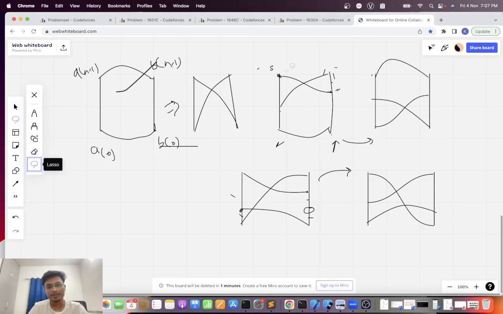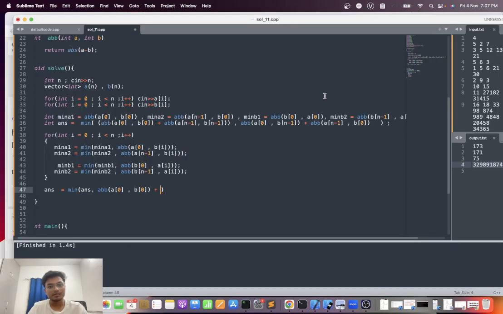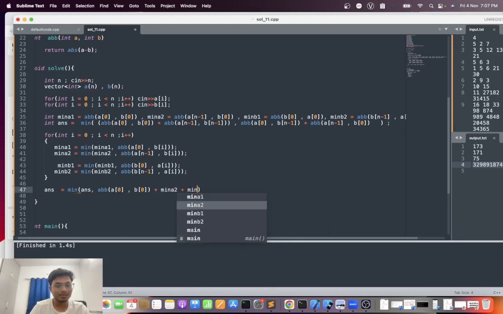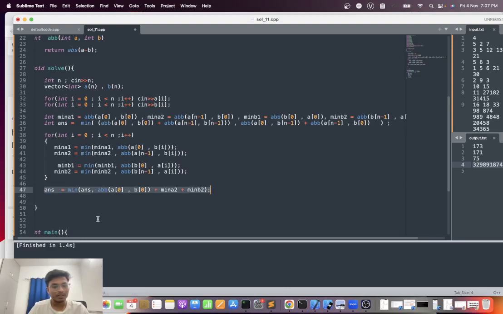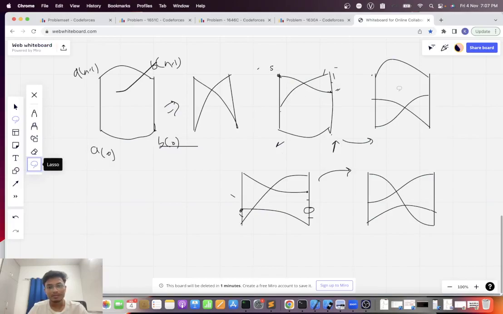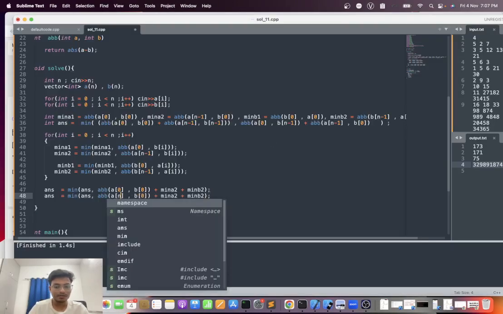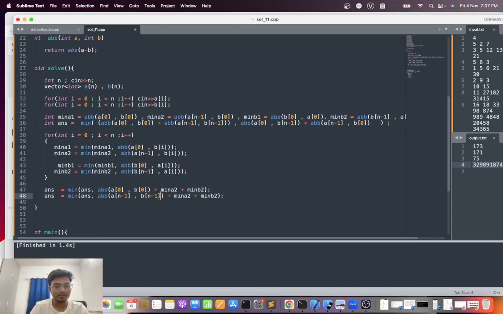And the another case will be minimum of n minus 1, that is a2, minimum of a2 plus minimum of a1, minimum of b2, sorry. Okay, second case can be a node b node, a n minus 1 b n minus 1, then a1 b1.